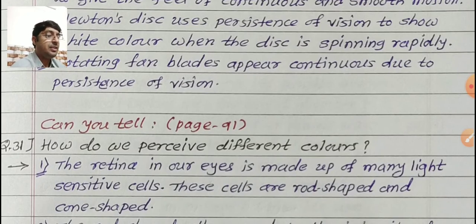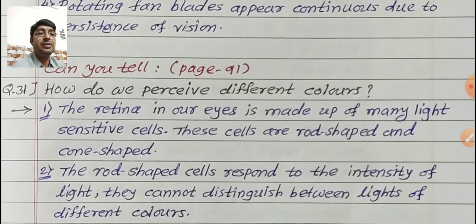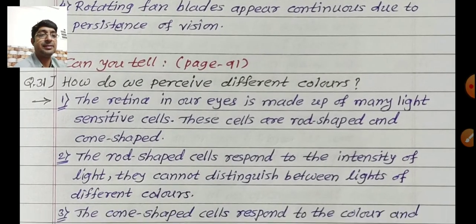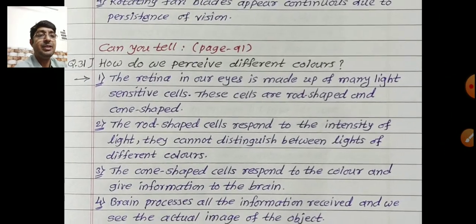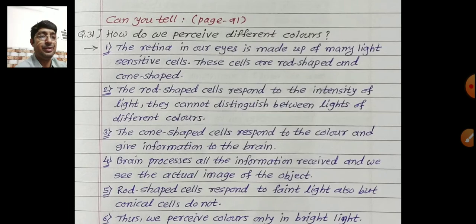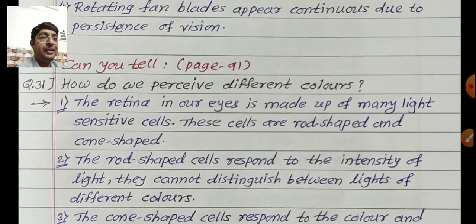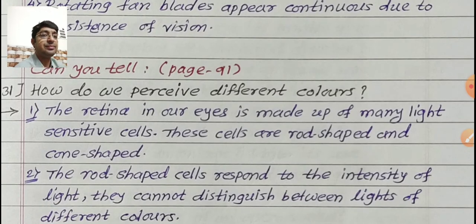Next, can you tell, one question is given on page number 91, how do we perceive different colors? Now see the answer given in that paragraph also, and I see on my page also. First point, the retina in our eyes is made up of many light sensitive cells.